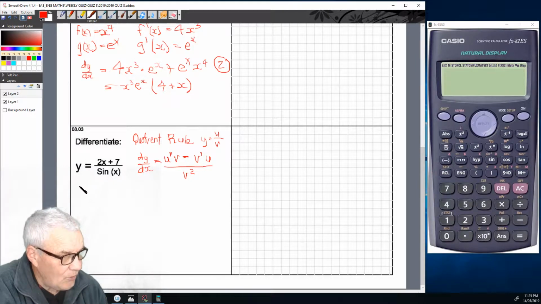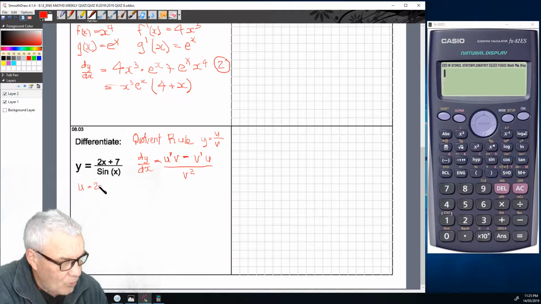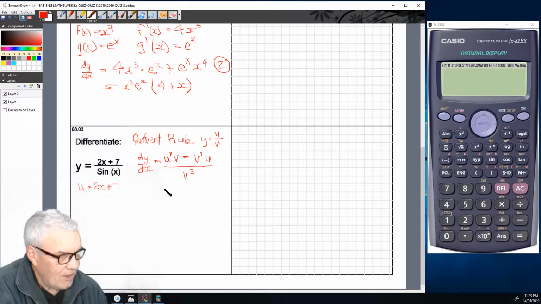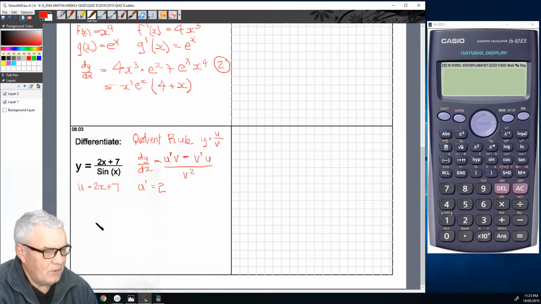Right, so what have we got here? We've got u equals 2x plus 7. And u dash, well, differentiation of that is just 2.